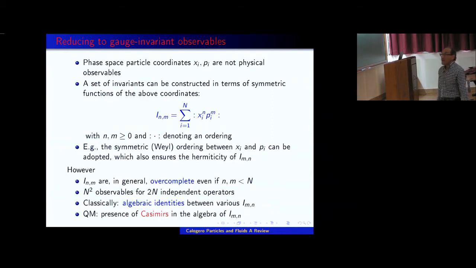They are, of course, all possible functions, in quotation marks, that you can write of the fundamental coordinates and momenta of the particles that are fully permutation invariant. And one complete basis of such functions are these quantities here. They are powers of the coordinates and the momenta of the particle, summed over all particles so that they become permutation invariant. And this means normal ordering.